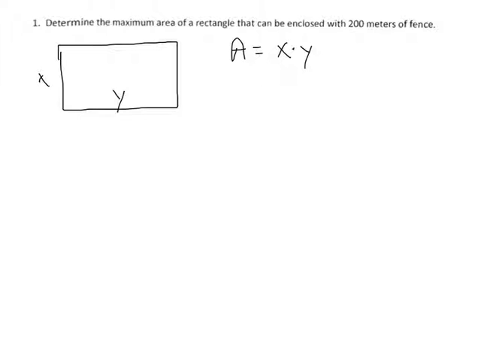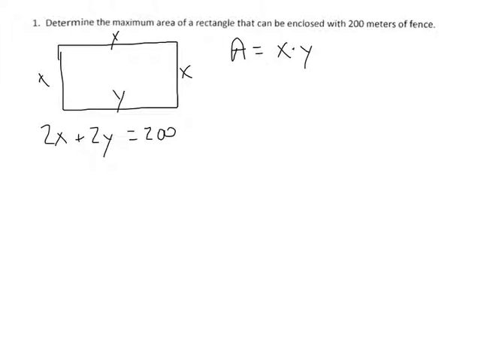A lot of times we look at the other info that they're giving to us. So the fact that there's 200 meters of fence. So keep in mind that this is also a length of y and this is also a length of x. And if we use the idea of perimeter, I get 2x plus 2y is going to equal 200. And I could kind of solve for one of these variables.